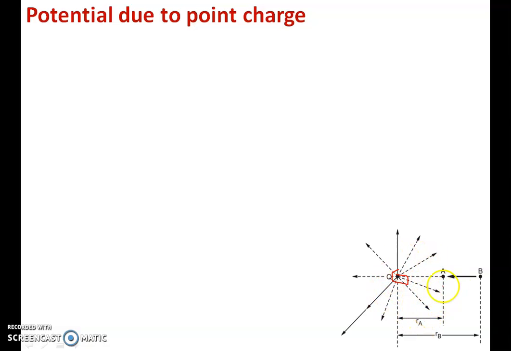This point A is placed at a distance of RA from the origin, and point B is placed at a distance of RB from the origin.